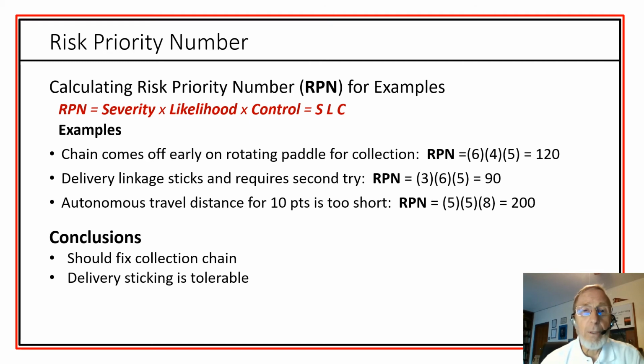Okay. The delivery sticking is tolerable. It's not really causing us much difficulty, so we probably don't need to deal with that one, at least not right away. But the autonomous travel one, note that that's the one with the highest RPN number. It clearly needs to be fixed.